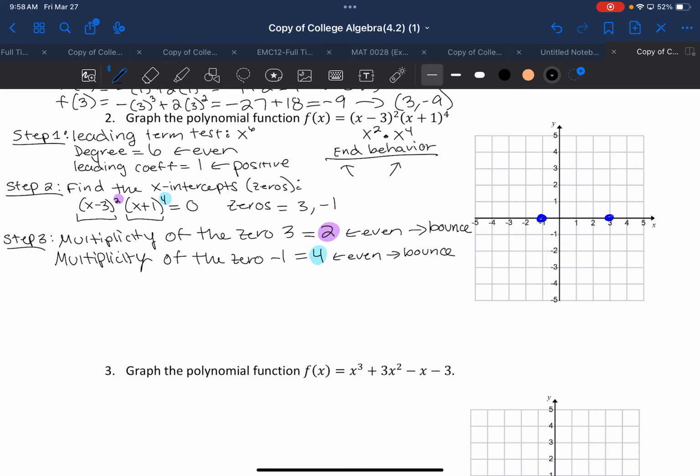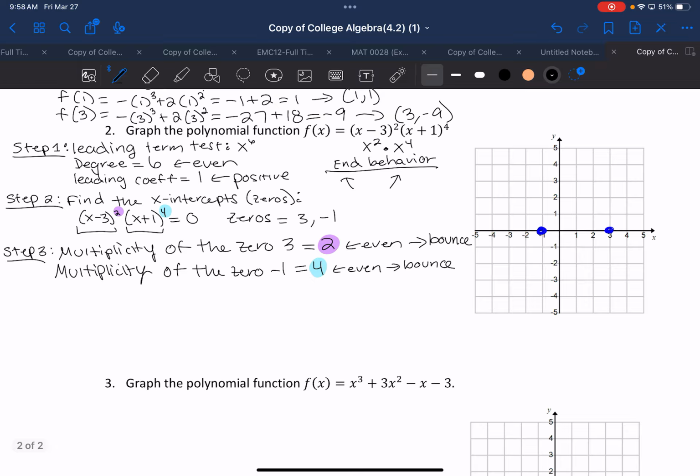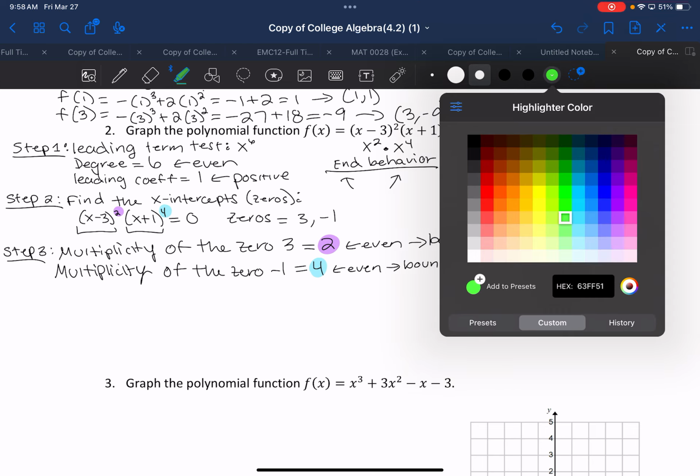Okay, and then I'll go ahead and draw a rough sketch of this graph using what we've done so far. So again, my end behavior: the left side will be pointing up.